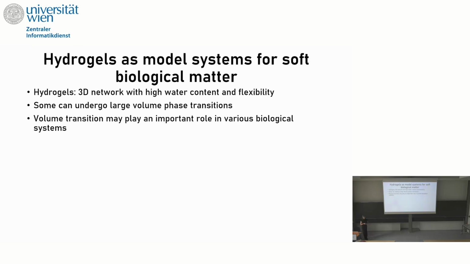As you heard in this workshop, volume transition can play a major role in biological processes, such as DNA compaction, membraneless organelles, and so on. One of the examples, a very famous biological hydrogel, is the mucus gel.